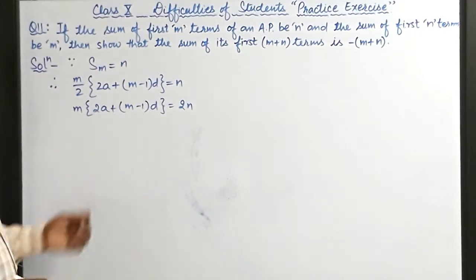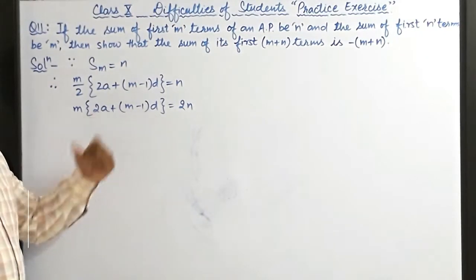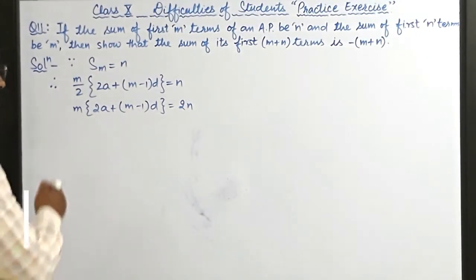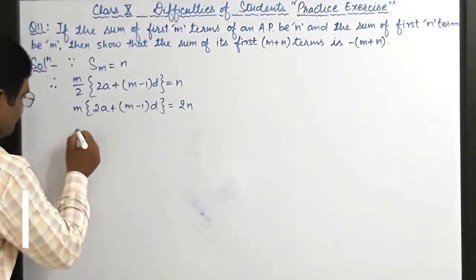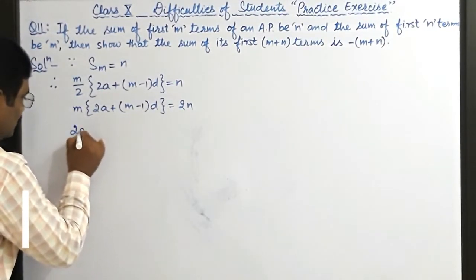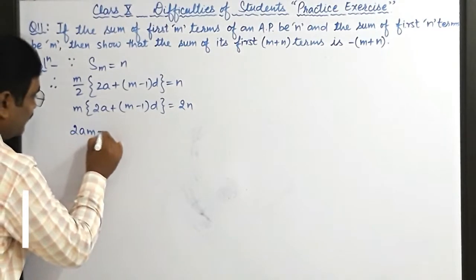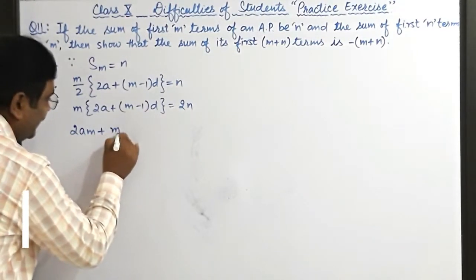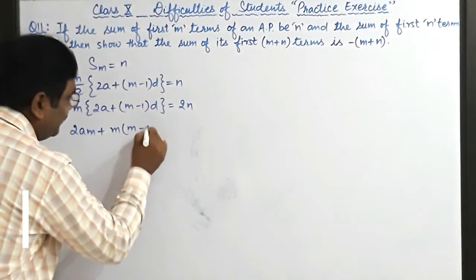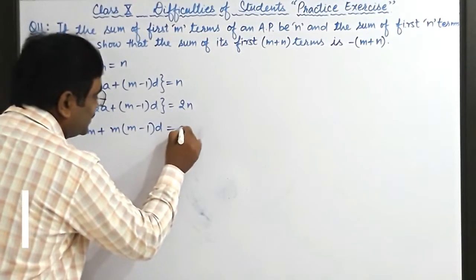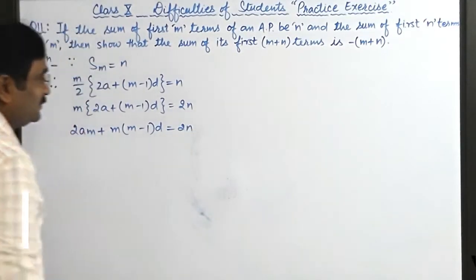Now what do we do? We multiply this m into this bracket. So it can be written as 2am plus m into m minus 1 into d is equal to 2n.